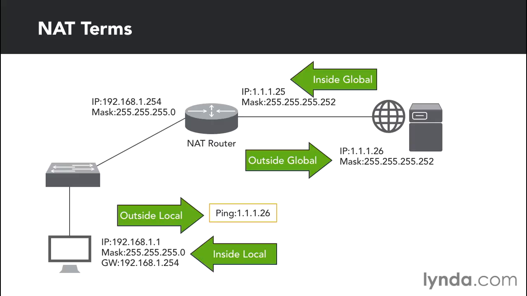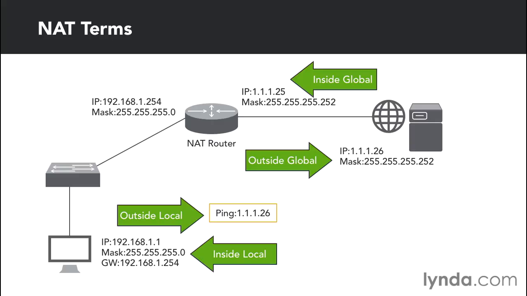Not only does it take out the private IP address and replace it with the one given by the provider, but it also gives it a different source port number above 1024. So it'll be 1025, 1026, 1027, but with the same IP address. That way there are no problems. That's where the phrase port address translation comes in as well.